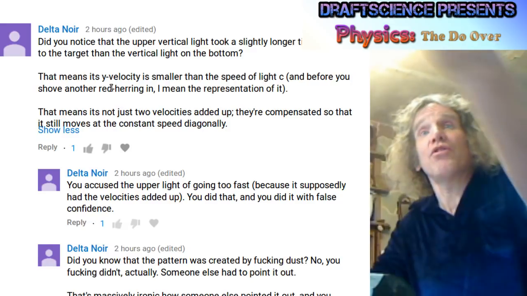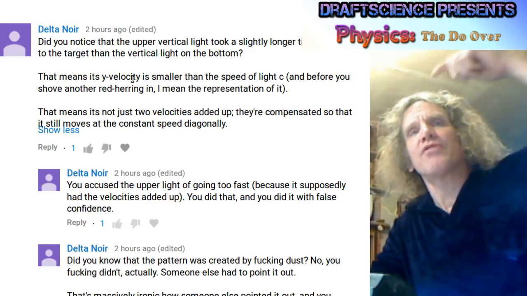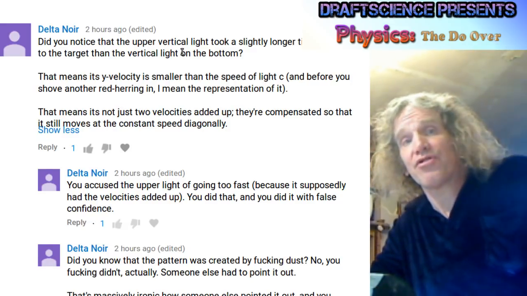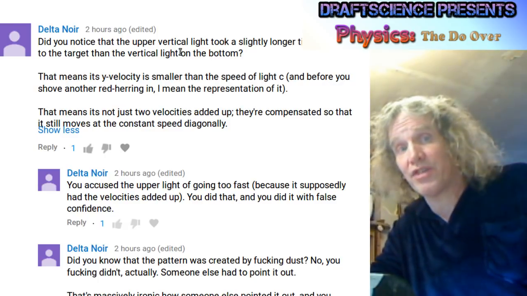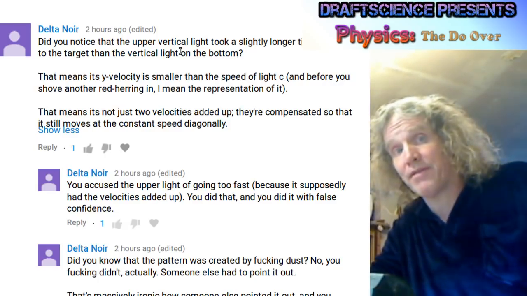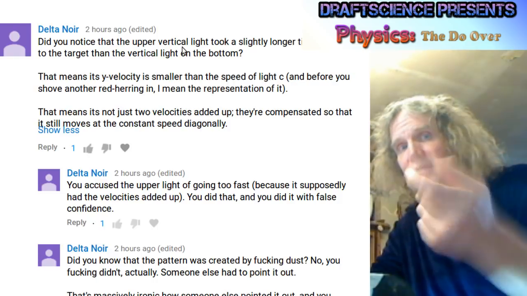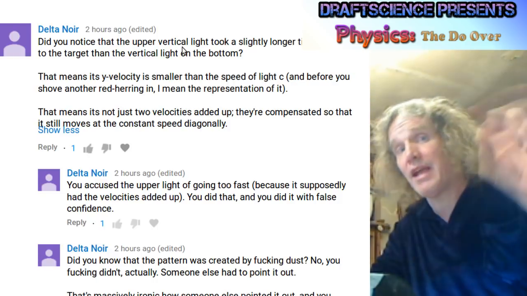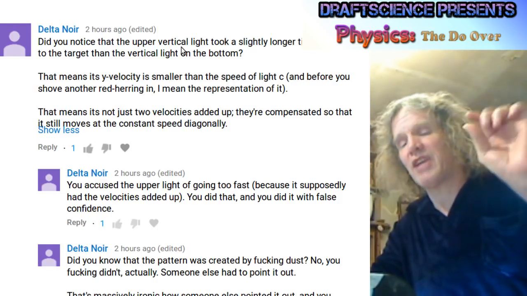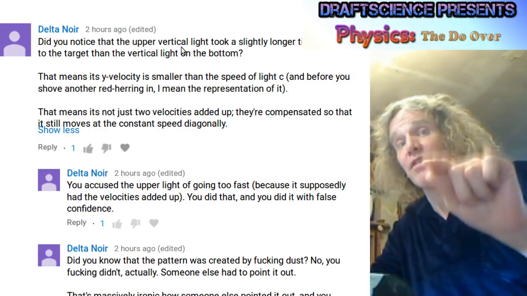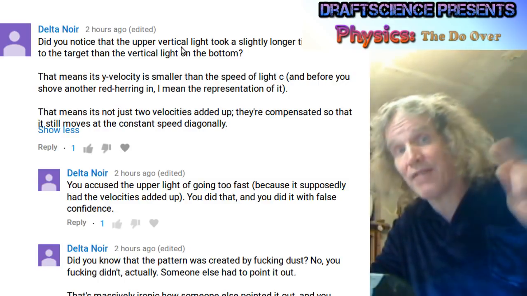And now he states, look, that means. So his completely fake premise that there's a slightly longer distance, no, there's no longer distance. There's no longer amount of time at all. If you measure the distances, they're exactly the same. So yes, they might have drawn the top animation a tiny, tiny bit slower, but if you look at the actual distance traveled, it's exactly the same.